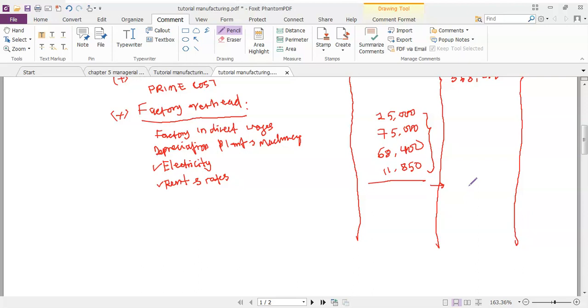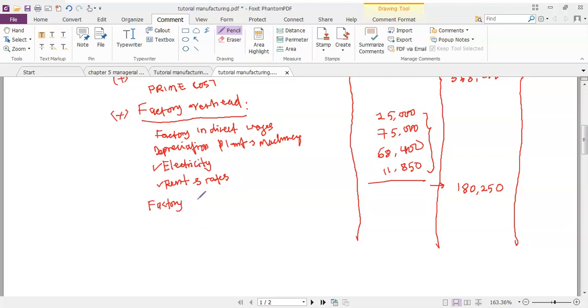Okay, berapa? 180. 180. Once again? Alright. So, you got the factory overhead is 180,250.